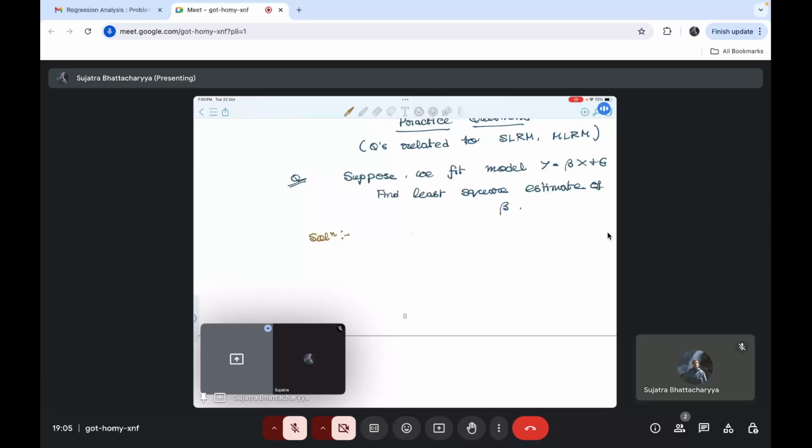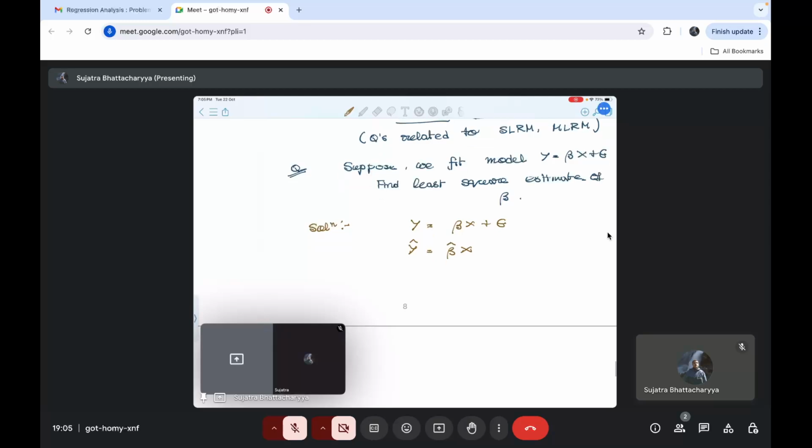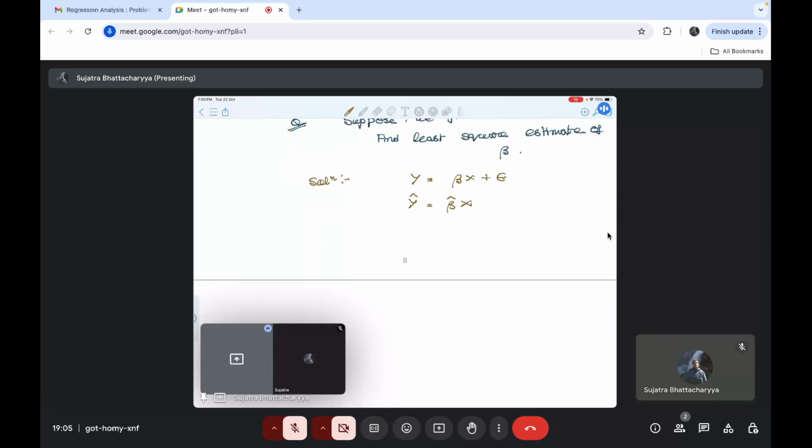So what you have is y is equal to beta x plus epsilon. This is the model which is given to you. What you need is the least square estimate. For calculating it, you take y hat is equal to beta hat x. Epsilon we don't know. So this is your least square estimation model.